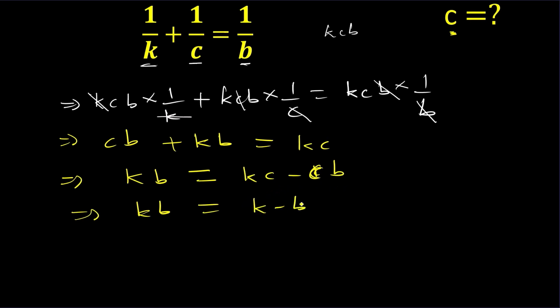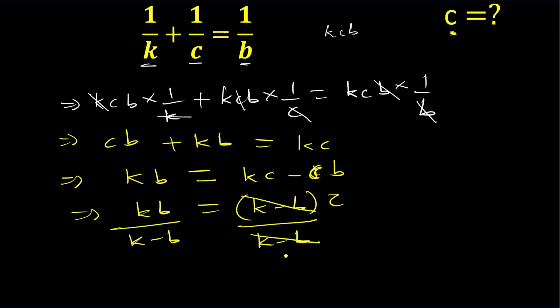So k minus b times c. Okay, so we have c. So let's divide both sides by k minus b. So this one will cancel. So my c is kb over k minus b. All right, so there's the answer.